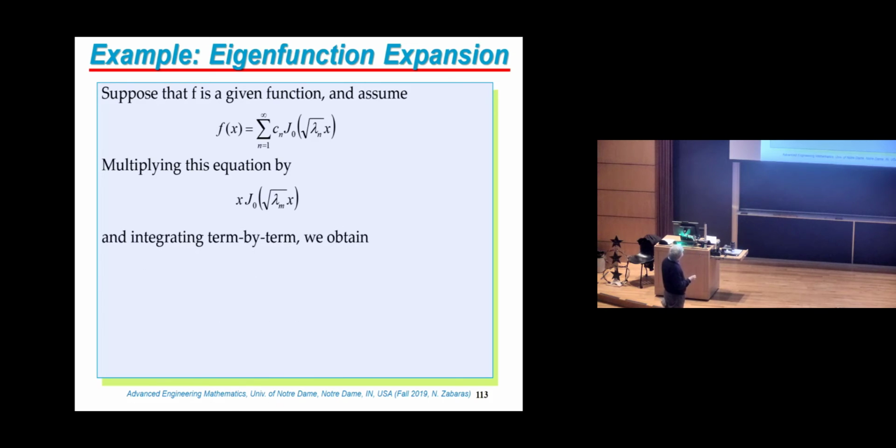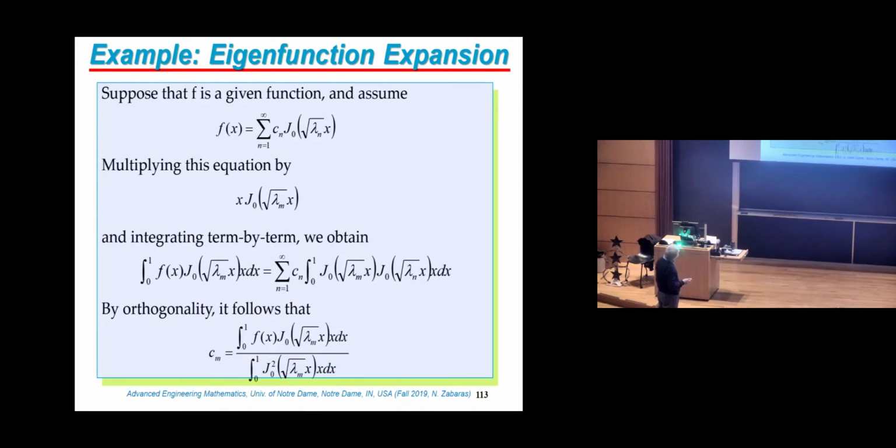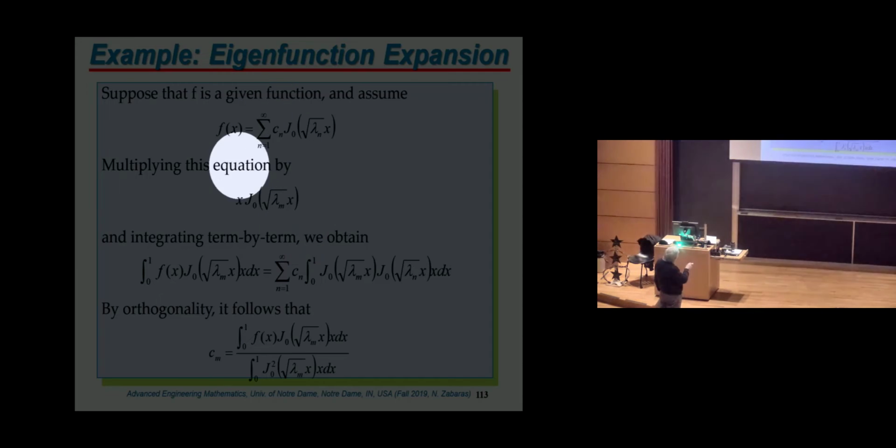And if you ask, what are the coefficients? Here are the coefficients. Let me just give you the answer. If you multiply on the left with a Bessel function like this, all right? Let's say you multiply this with a coefficient m, okay? So you're going to get the numerator that you see here. But you notice I multiply by x as well. And why do I multiply by x?